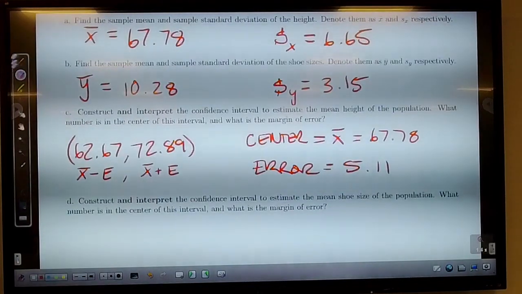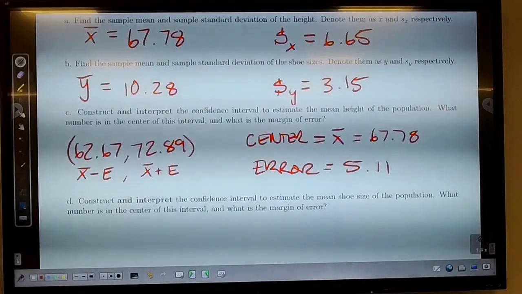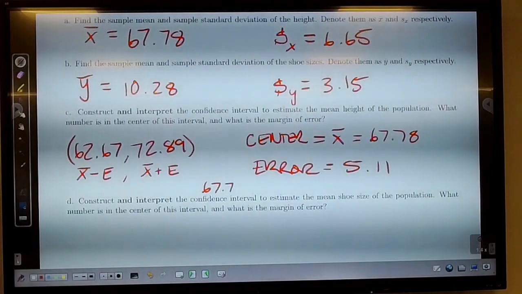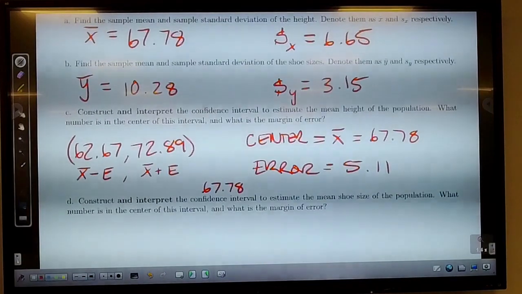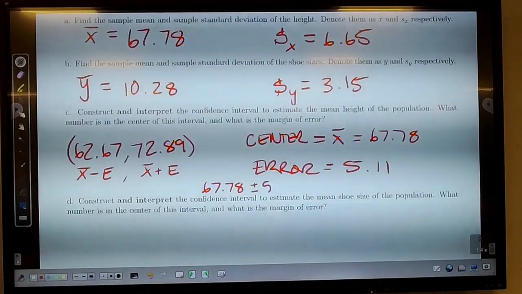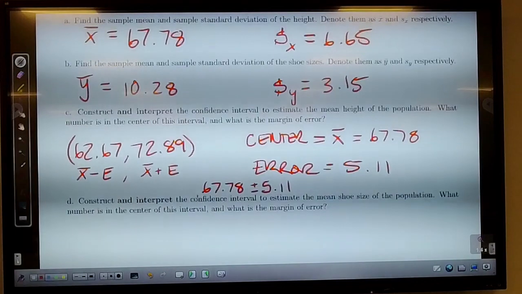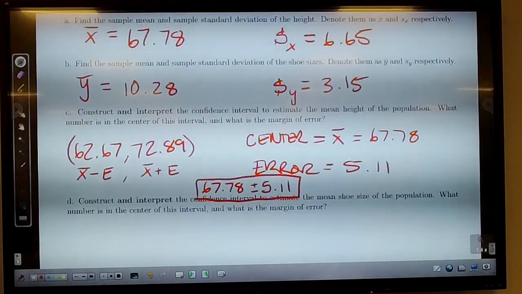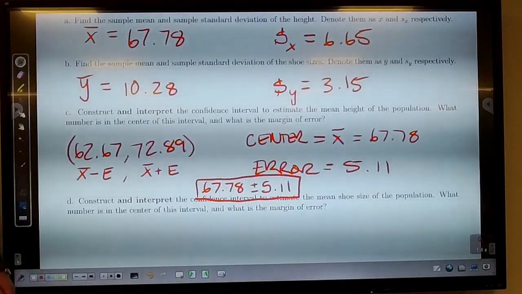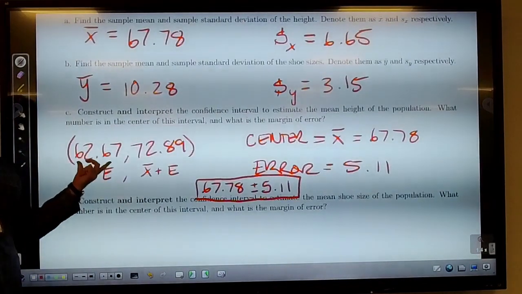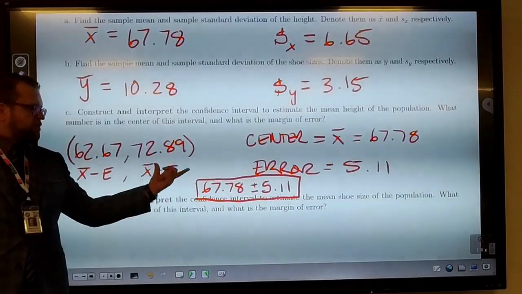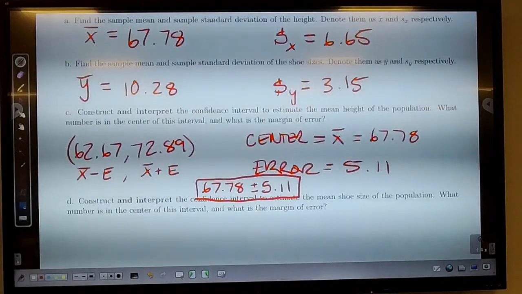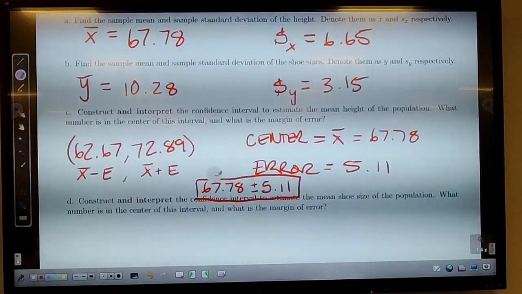So if we had done this the old-fashioned way by calculator, the thing that we would have gotten was 67.78 plus or minus 5.11. And we would have had to take that 67.78 and subtract 5.11, we get this. And then we take 67.78 and add 5.11, we get this. And this is our confidence interval.